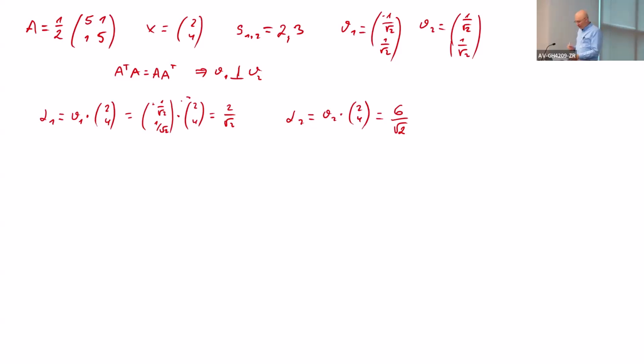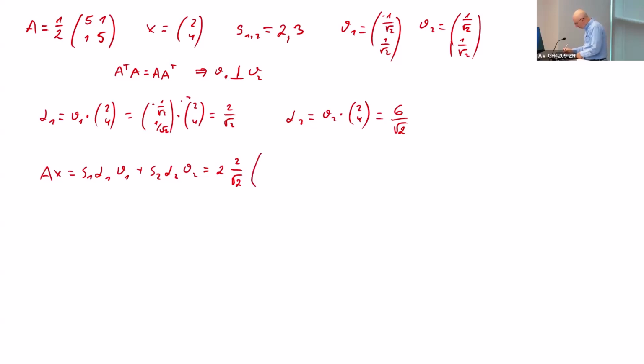And now you can compute A times X. AX will be S1 alpha 1 V1 plus S2 alpha 2 V2. That will be 2 times 2 divided by square root of 2 times (minus 1 divided by square root of 2, 1 divided by square root of 2), plus 3 times 6 divided by square root of 2 times V2.